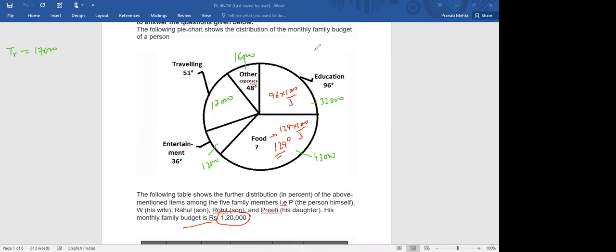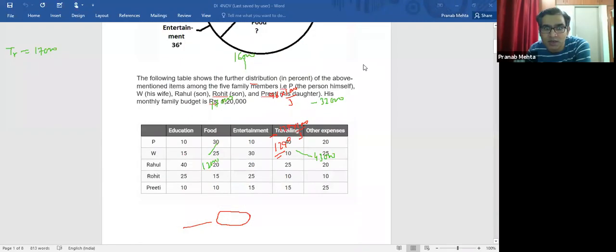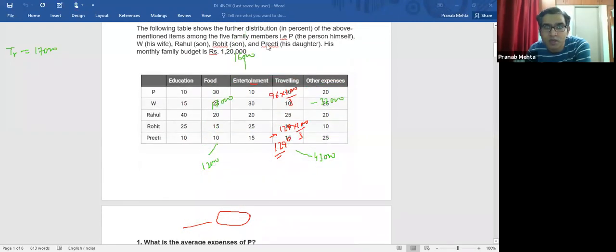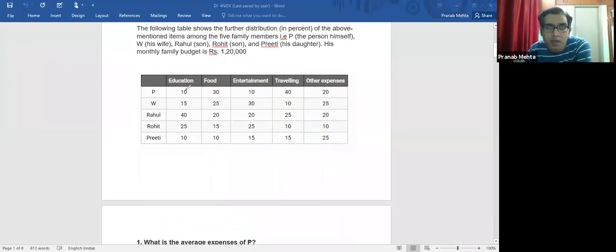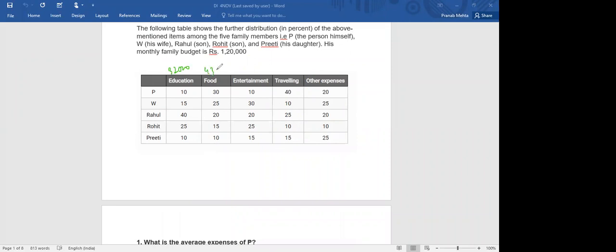Now I'm going to the next data. Look, this is the other part. On education, what is the expense? We have 32,000. Remember, we got this data from the pie chart. What is the expense on food? 43,000.